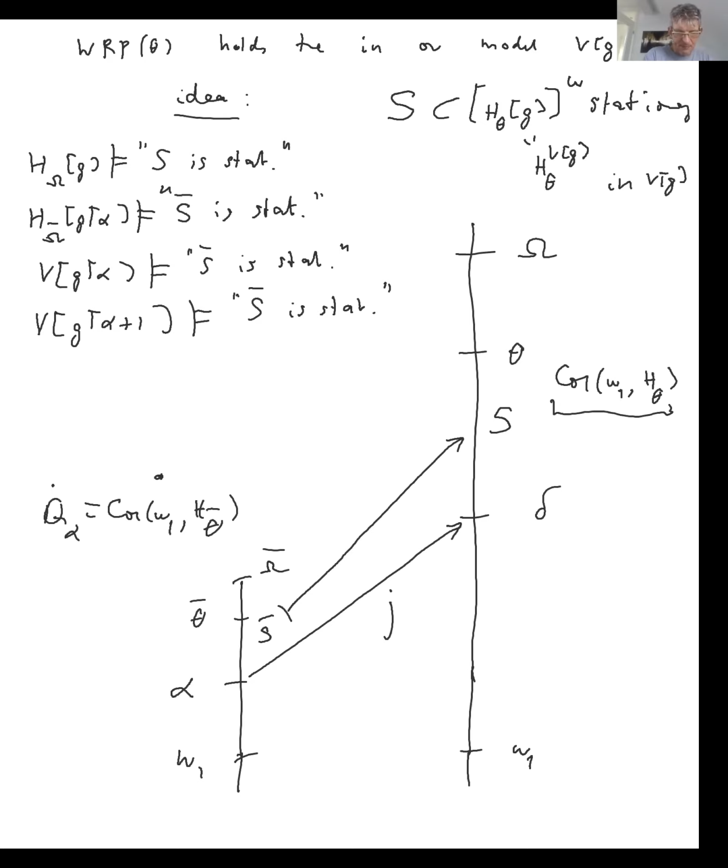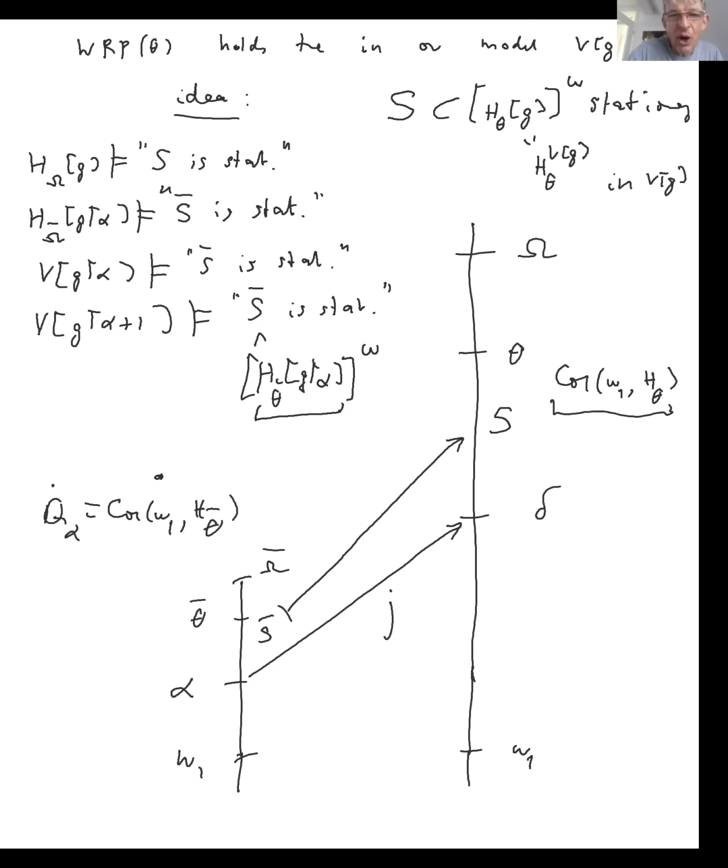what's happening now? We have S bar as a stationary subset of, S bar is a subset of H theta bar of G restricted to alpha to the omega. But this whole object, H theta bar, gets collapsed to omega 1 in the alpha step of the iteration.